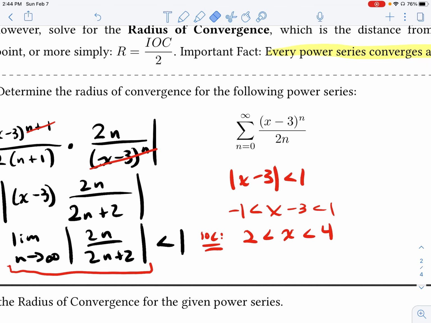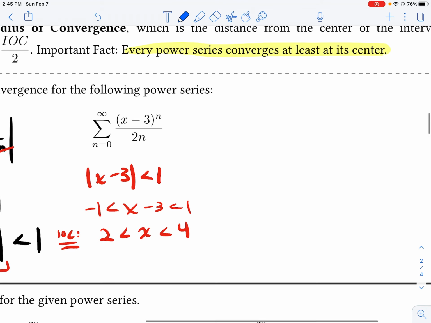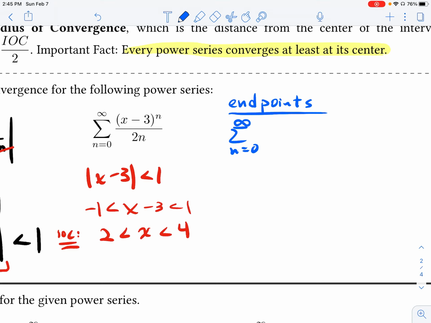And actually, that's only partially true, because if we were to take these endpoint values and plug them into our a sub n, as a little bit of a separate aside as to where we're going, for example, if I plug in 2 into this function here, I would get the following. n is equal to 0 up here, 2 minus 3, that's negative 1 to the n power over 2n.